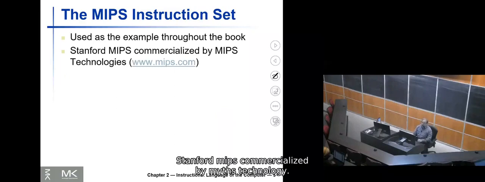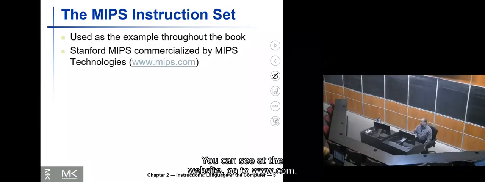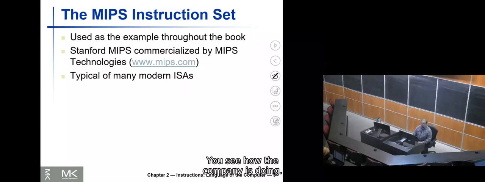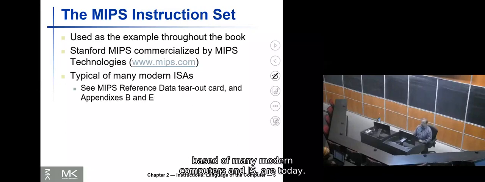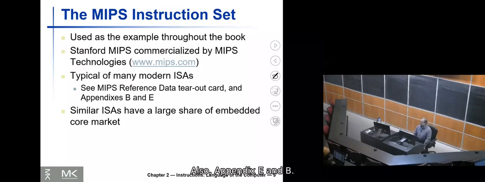Okay, Stanford MIPS, commercialized by MIPS Technology. You can go to www.mips.com and see how the company is doing. It is similar to or the basis of many modern computers and ISAs today. You can look at the MIPS reference data in your book, and also Appendix E and B.